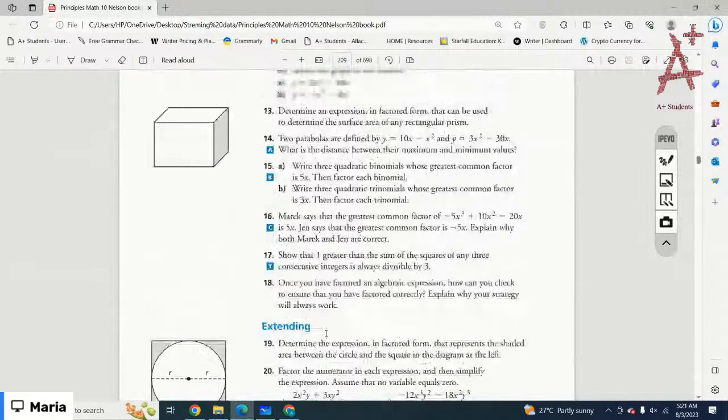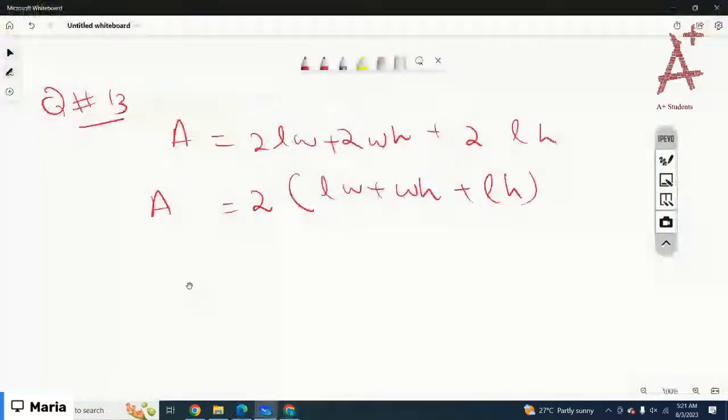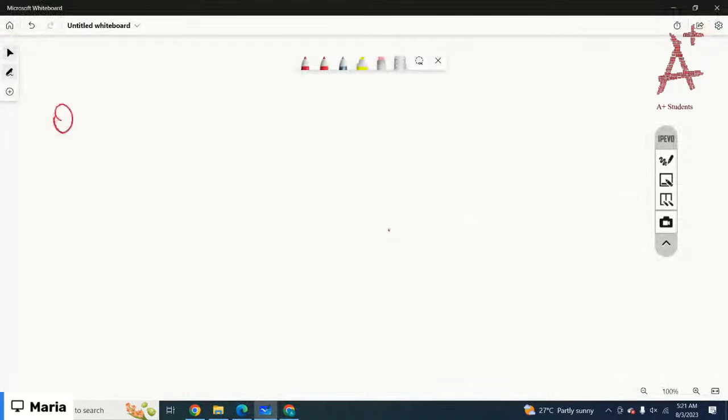Okay, three quadratic binomials whose greatest common factor is 5x, then factor the binomials.